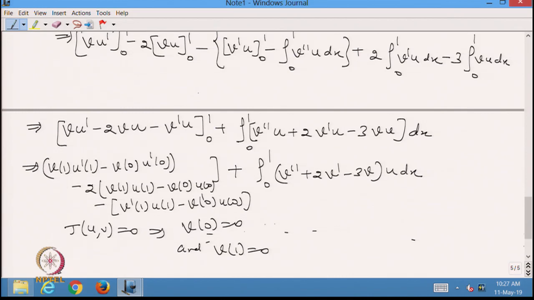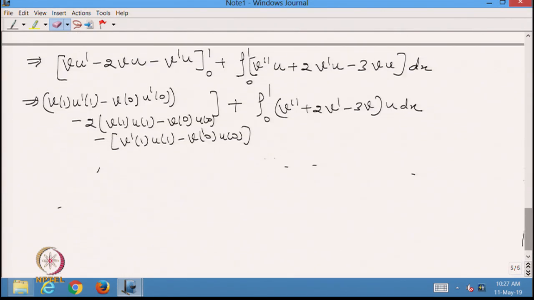So, to make this equal to 0, now just try to do this. This part is given to me as 0: u'0 I do not know, but my u0 is 0. So, from here if I put these values, u'1 is also 0, I will be left with only this part.